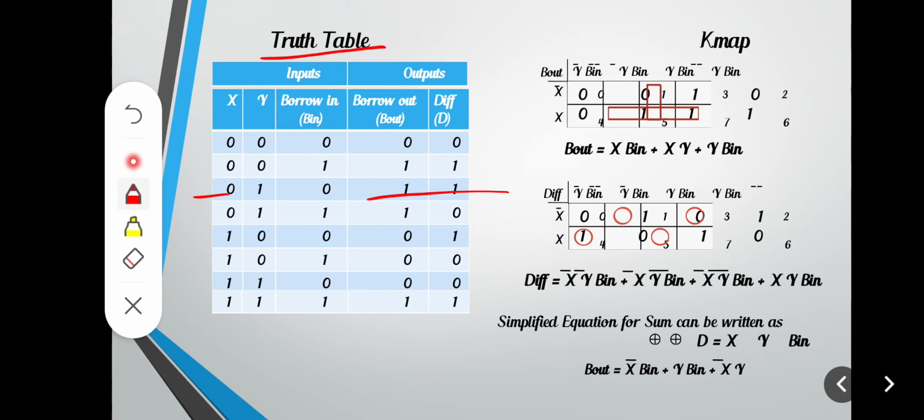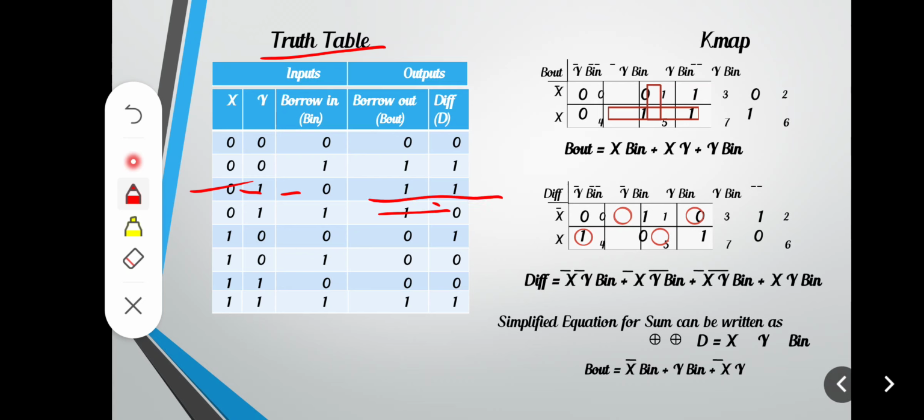Likewise, in the third row, 0 minus 1 is equal to 1 with 1 as a borrow, and then 1 minus 0 is equal to 1. This means in this case also the difference and the borrow output are 1.